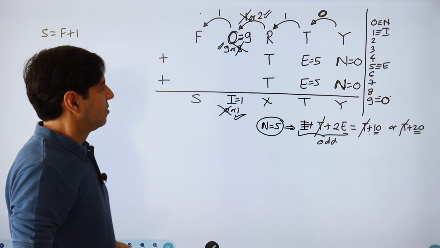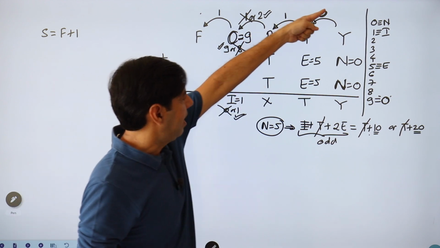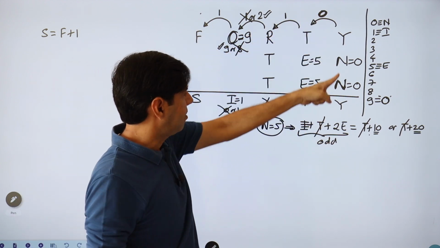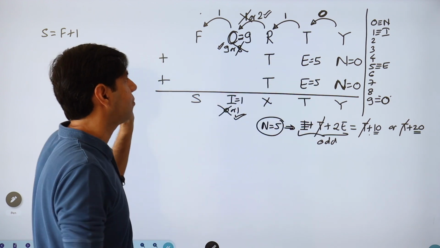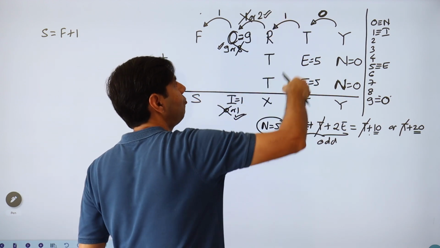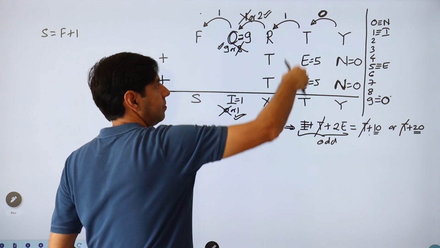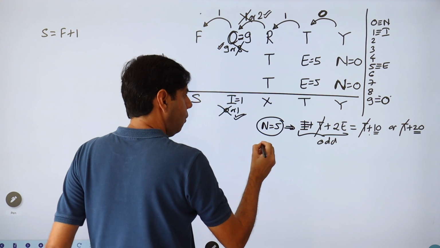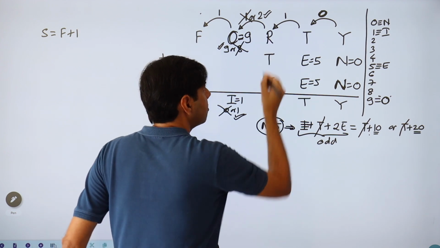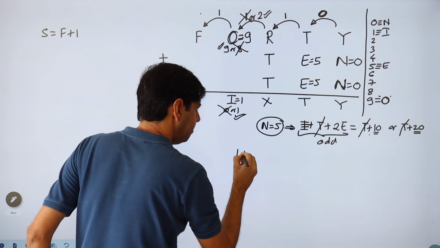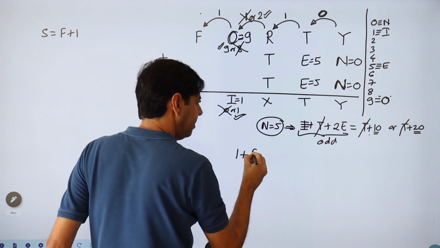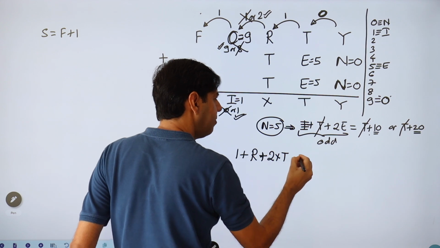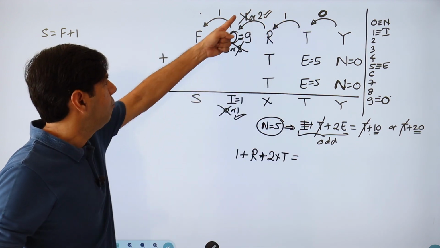Okay, so now look here, students, we have finished all this. We have worked on the units column, we have worked on the tens column. Now what remains is you have to force yourself to work here. So let's do it then. The next thought is there's a carry of 1 plus there's R plus 2 times T, and I would not waste time, I would go ahead because the carry also here is 2.